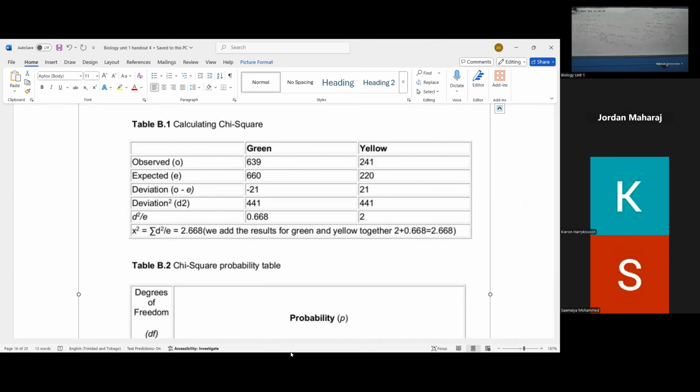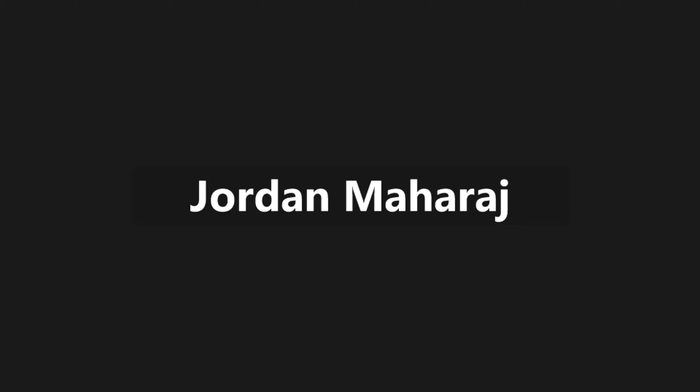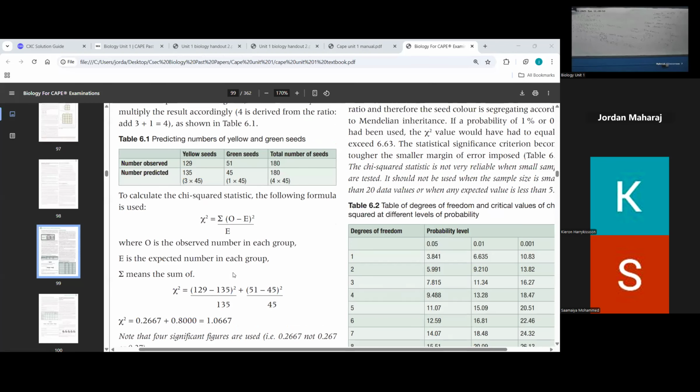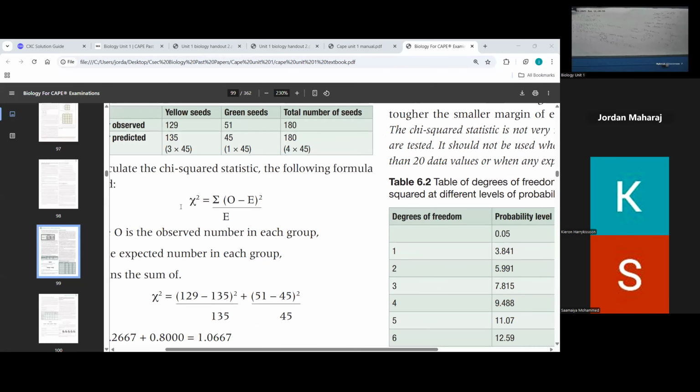This vocabulary, terms, this chi-squared is equal to the number of observed minus expected squared.